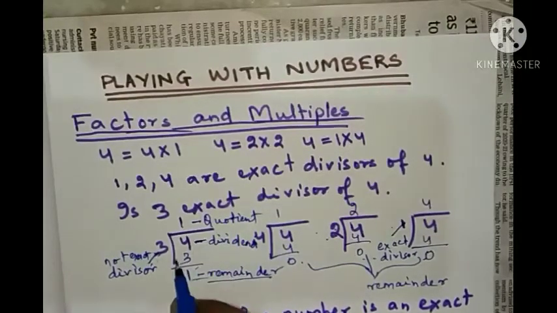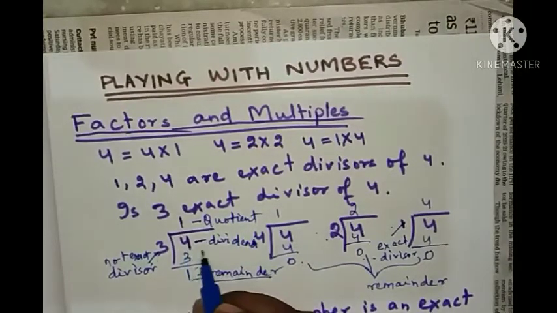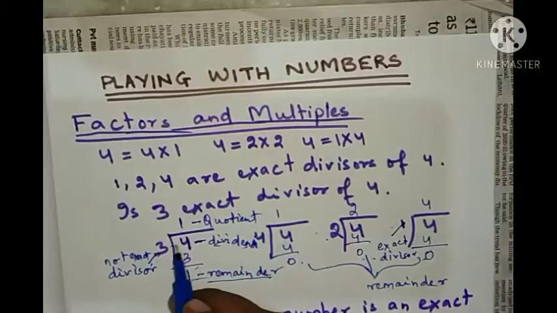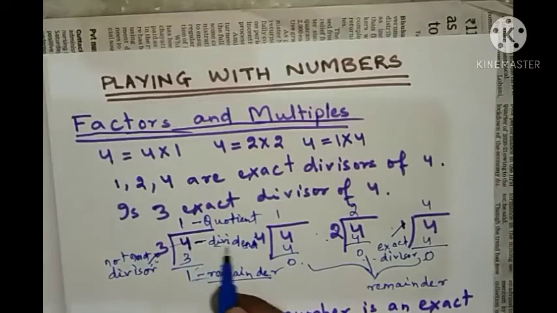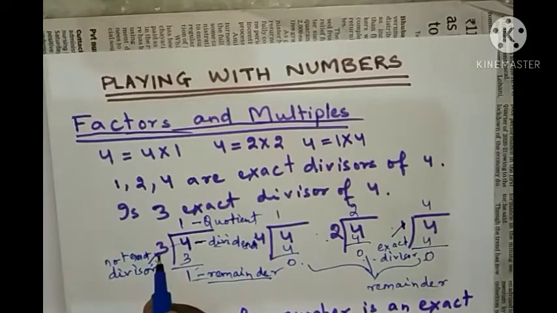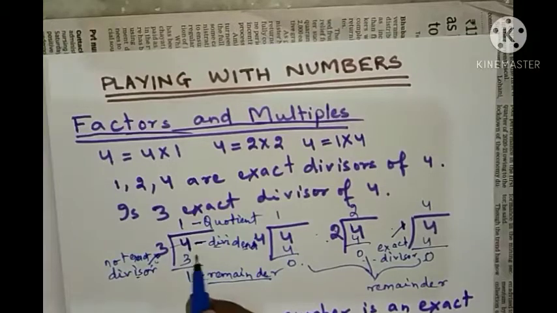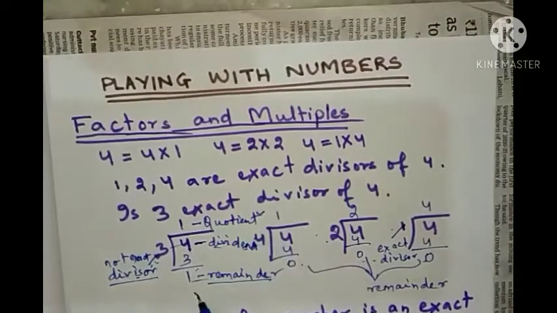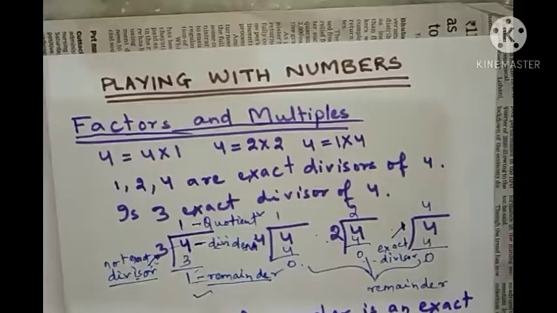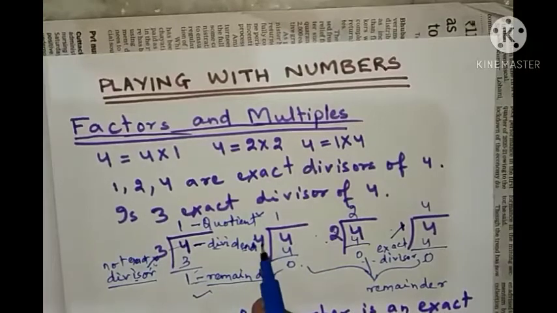In division, the first one is the dividend, what you are dividing. What you are using to divide is the divisor. And then quotient and remainder. So look, which one is called an exact divisor?